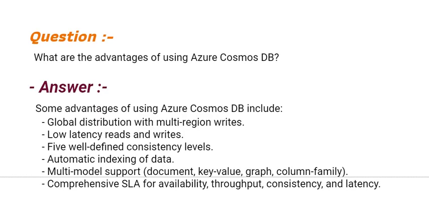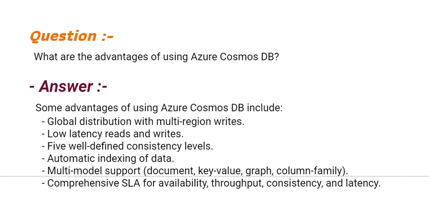Our next question is, what are the advantages of using Azure Cosmos DB? Your answer should be, some advantages of using Azure Cosmos DB include global distribution with multi-region writes. Second, low latency reads and writes.